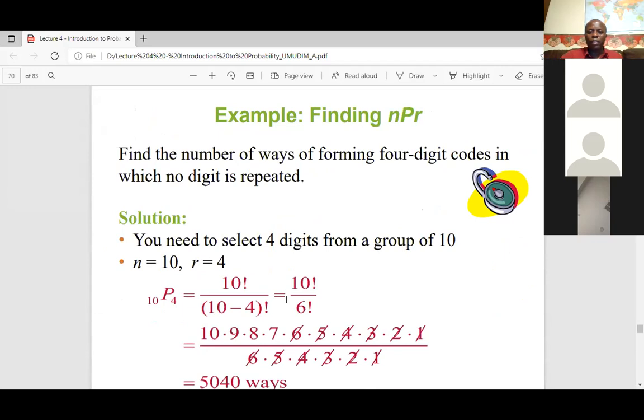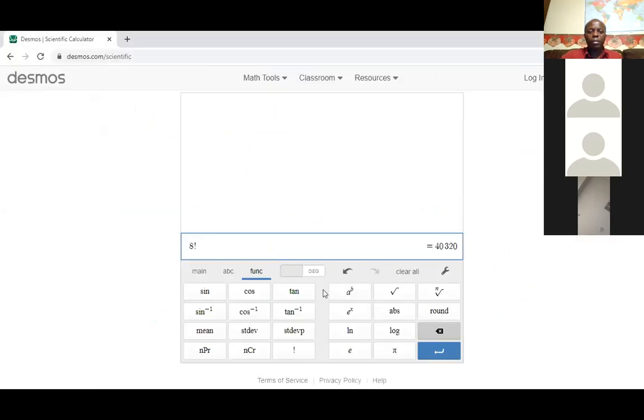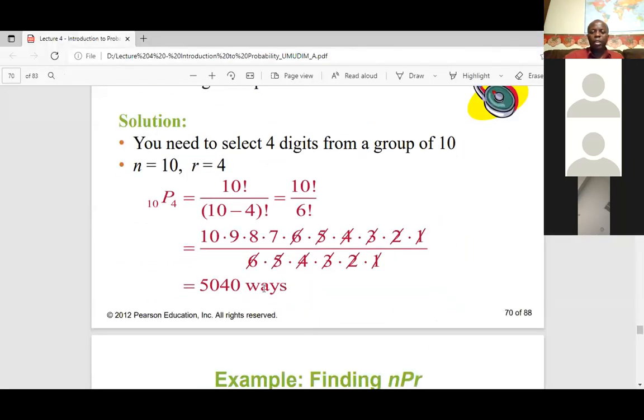So you click on NPR, which is n permutation r, 10, comma, 4. That will give you the answer right away, 5040. And you can see it from here. There are 5040 ways.